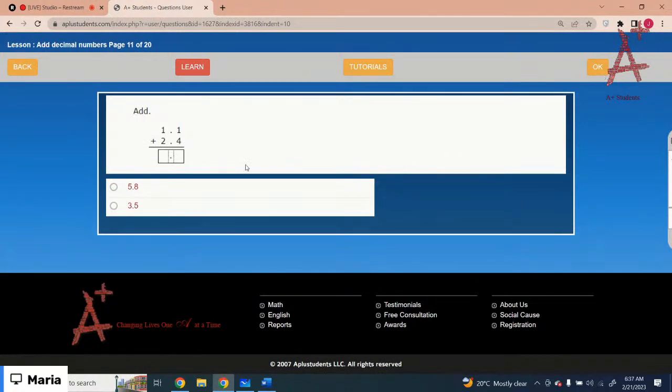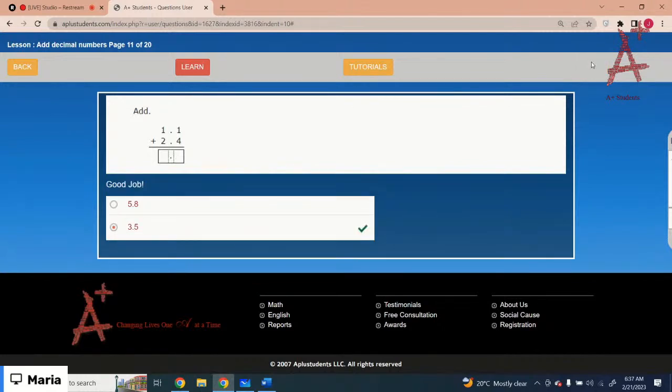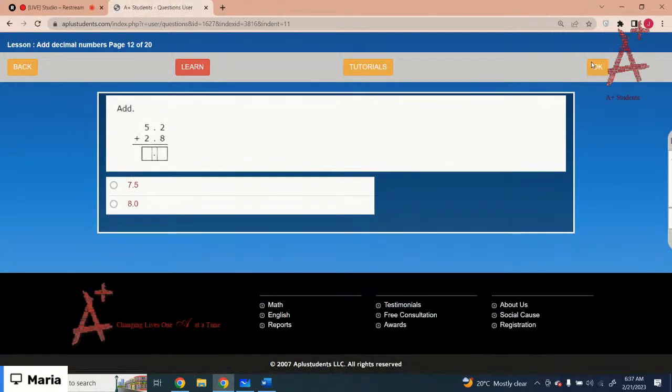So the correct option is 3.5. Okay, the next one is 5.2 plus 2.8. So the correct option is 8.0.